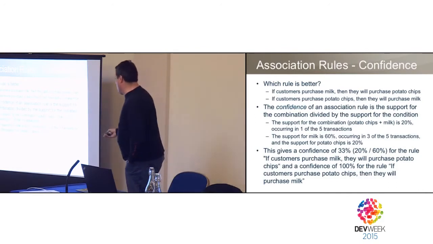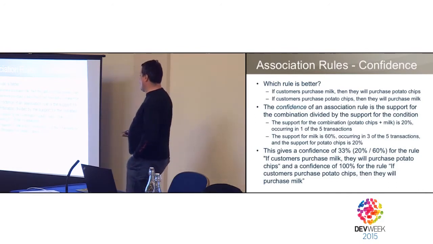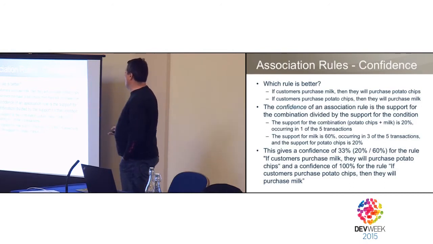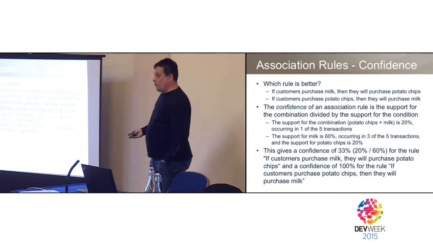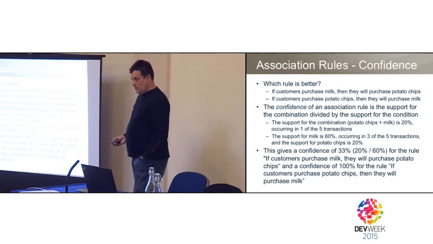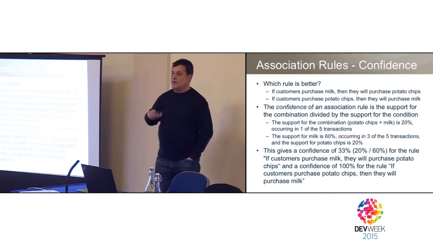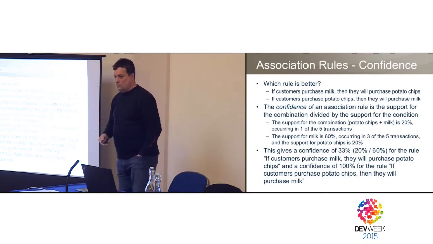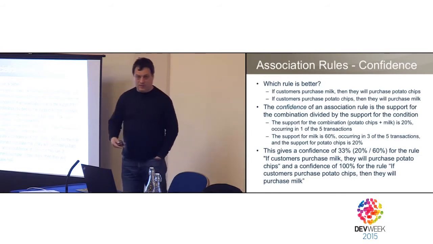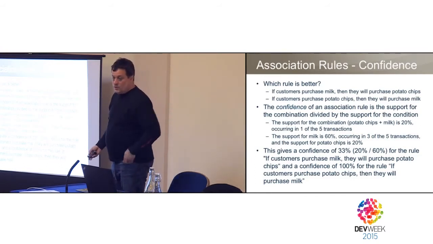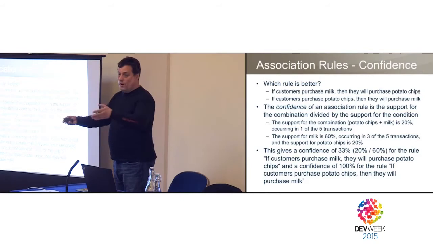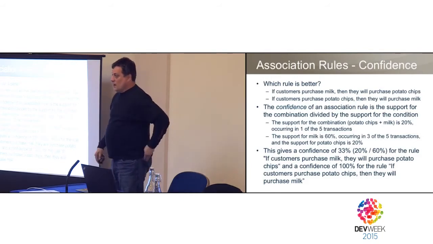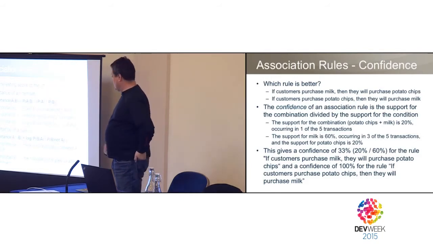So we define confidence as support for the combination divided by support for the condition when we express a rule as an if statement. And we see that we can be much more confident that milk will be in the basket when potato chips is in the basket than if we turn the order. So it also drives how you put these products on your shelves.